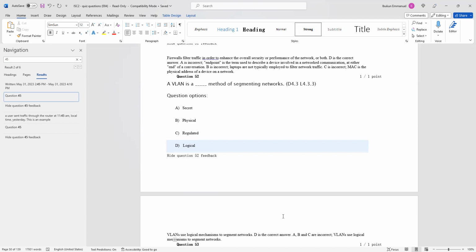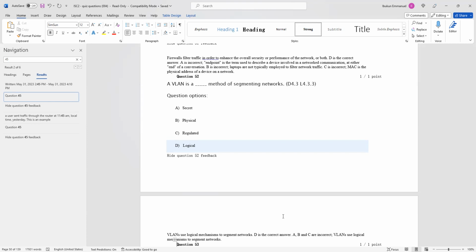So it doesn't use secret mechanisms. There's nothing such as secret mechanisms. A VLAN or virtual LAN doesn't use physical methods. So you don't actually go and take your network and put a physical device in between the networks.